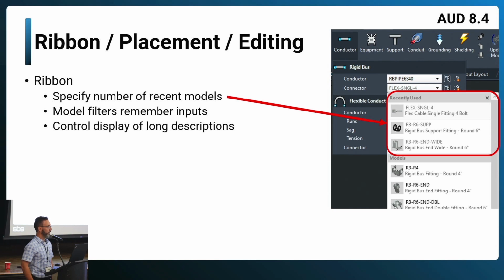You just tell it how many recently used you want, and it will retain that. So it's one of those small ones, but it could be very helpful. Also, the filtering drop-downs now will remember their inputs, so you can set those up and have that pre-filtered for you. Just things to save you a lot of time from having to do a lot of data entry.